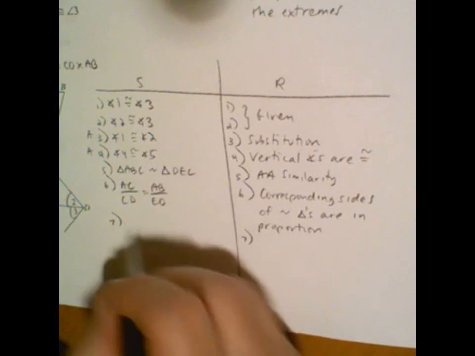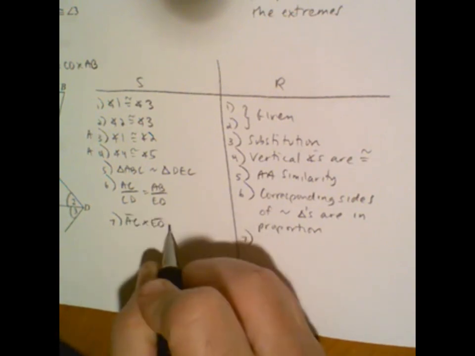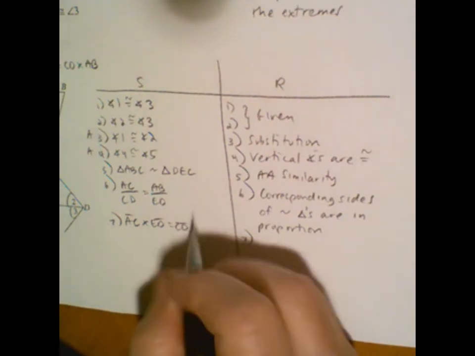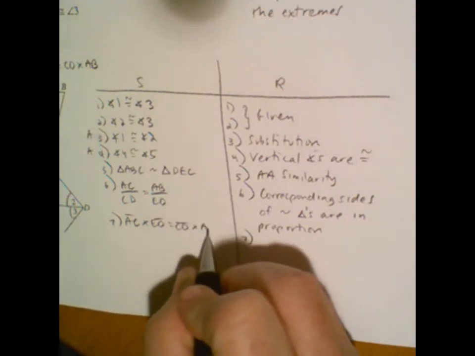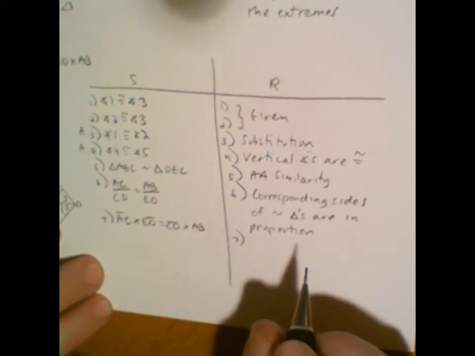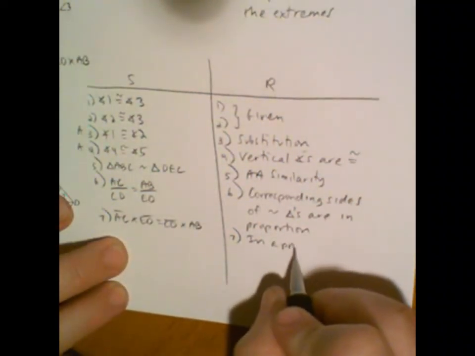And lastly, I have AC times ED is equal to CD times AB. And that is because in a proportion, the product of the means is equal to the product of the extremes.